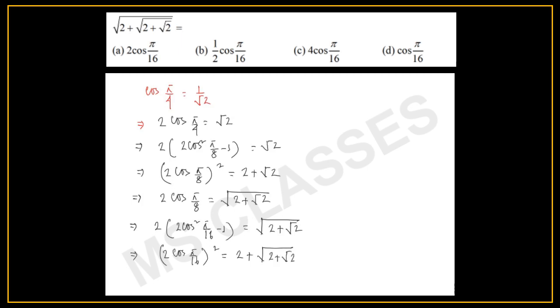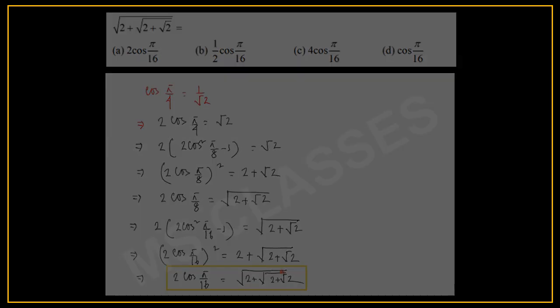Now since this is an acute angle again, we can write here 2 cos pi by 16 equal to under root of 2 plus root 2 plus root 2. So here we can understand that the result which we have got by application of the shortcut, we can get by a normal procedure also, just by applying the submultiple angle formula again.